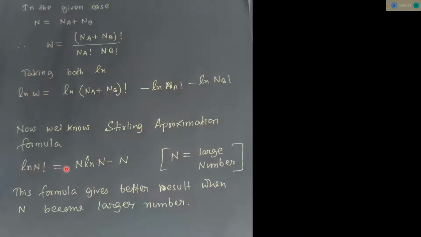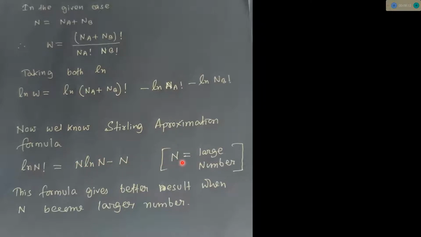Ln n factorial can be written as n ln n minus n; the factorial term goes out. Don't get confused by the factorial term: this n and this n can be different. So for functions like ln n factorial, it is n ln n minus n.